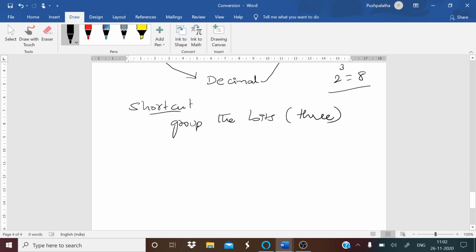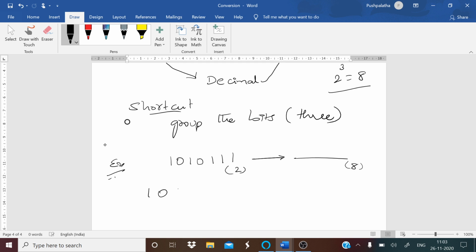Let us say, for an example, you have the number 1010111 in base 2. You have to convert it into base 8. Take this number and, starting from the LSB, start to group it together.